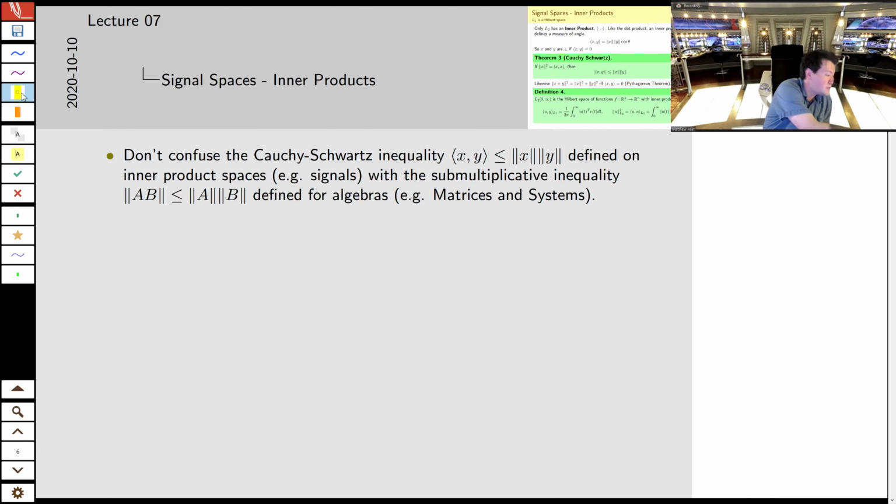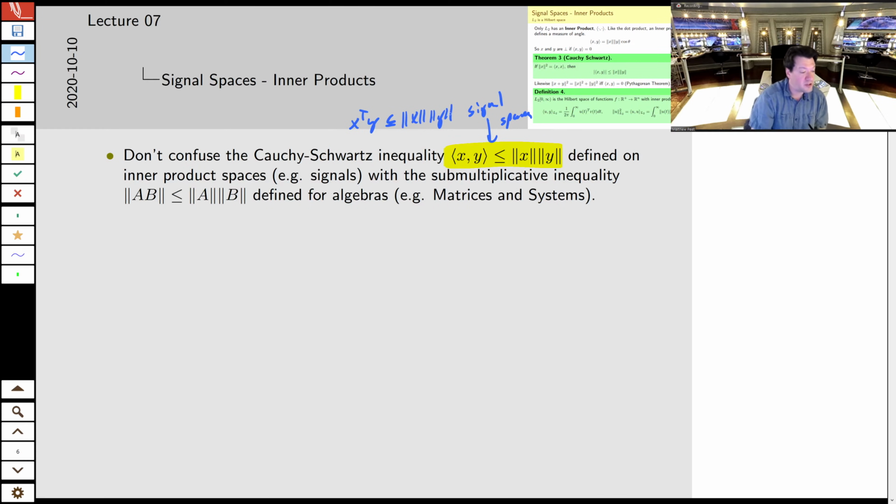So we have one inequality here which is very important, and it's defined on signal spaces. We haven't talked, however, at this point about the system. So these generalize vectors, these apply to vectors. This is x transpose y is less than norm of x, norm of y.